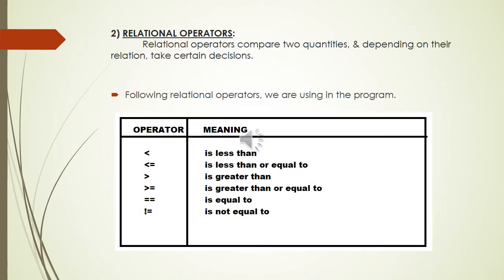The second type of operator is relational operator. Relational operators compare two quantities and depending on the relation take certain decisions. Following relational operators are there: less than is used for comparing two numbers, less than or equal to, greater than or equal to, not equal to.